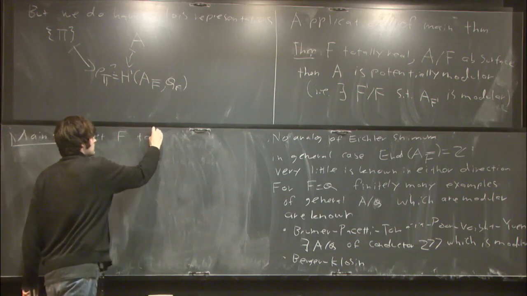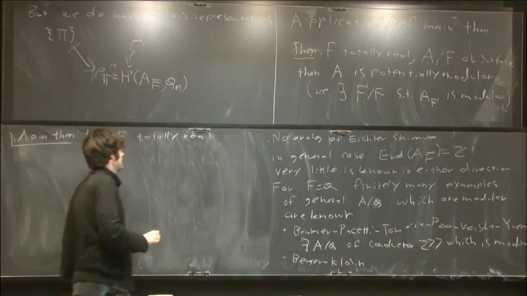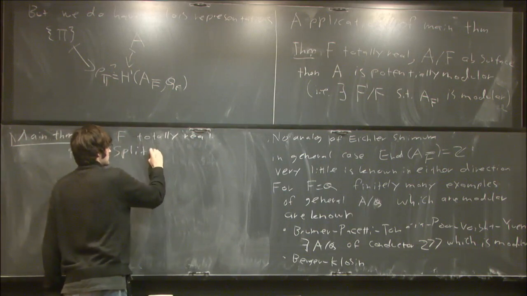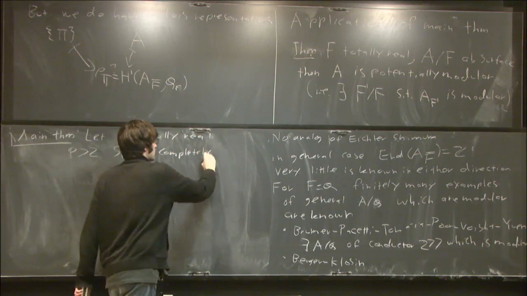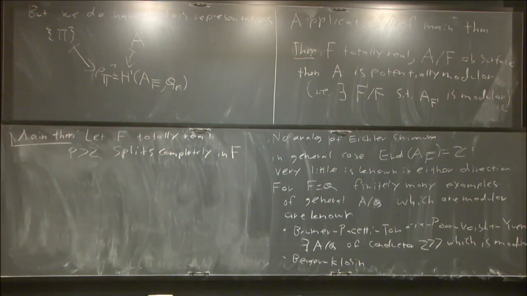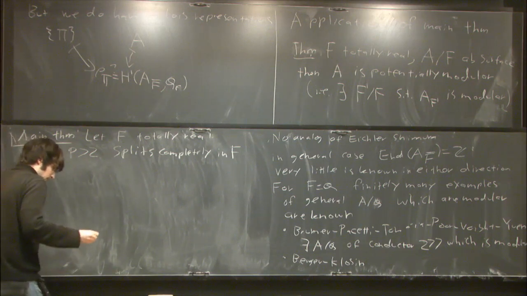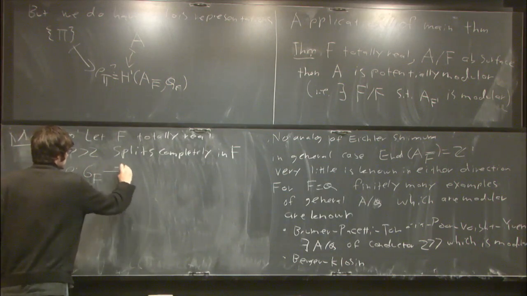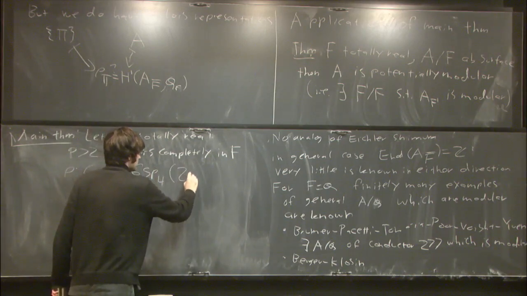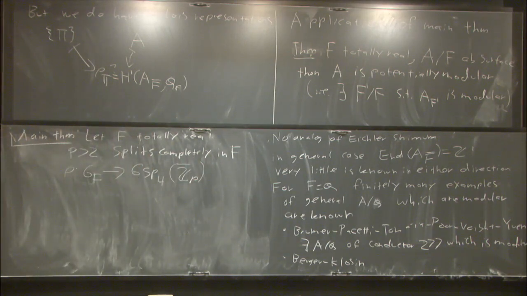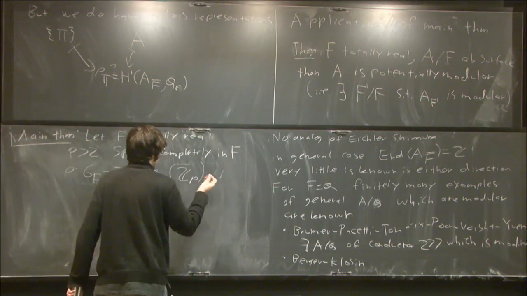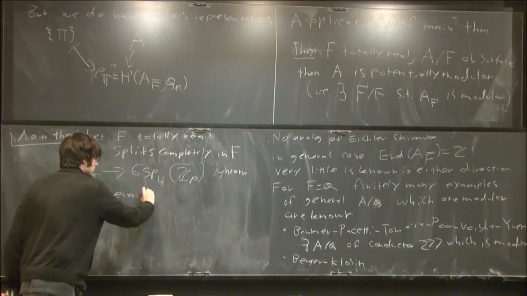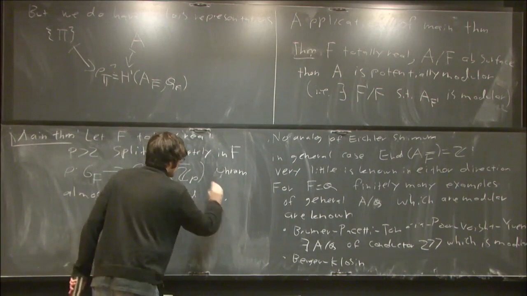Let F be totally real. We're going to have a prime p which is bigger than 2, and it's going to split completely in our totally real field F. And we're going to let rho be a Galois representation, now satisfying, let's say, unramified almost everywhere, such that the following conditions hold.